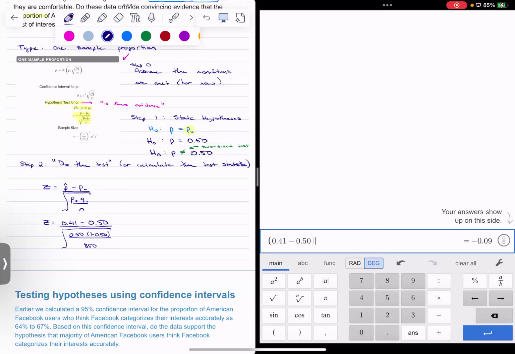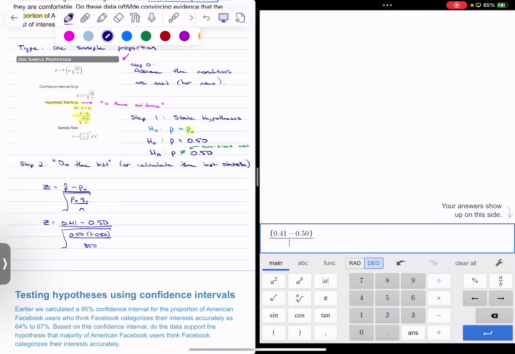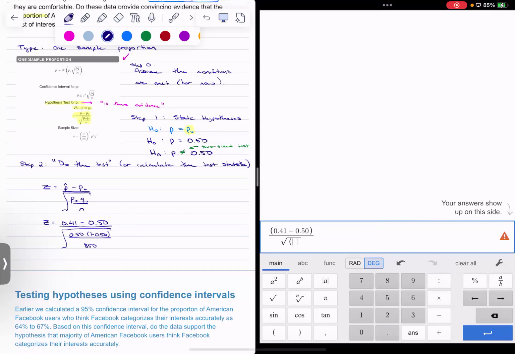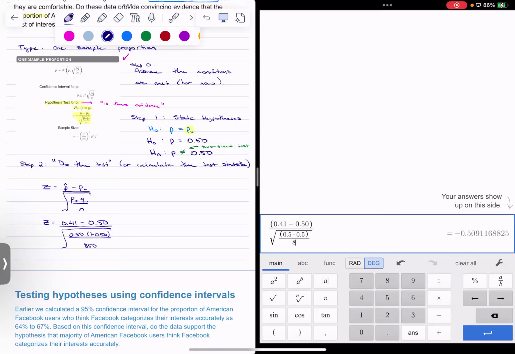I'll wrap that up in brackets and divide by the square root of bracket 0.5 times 0.5 divided by, make sure it's all under the square root. Like that.